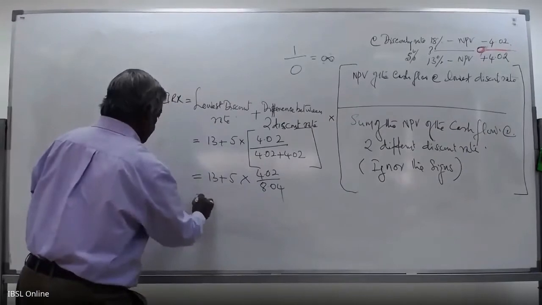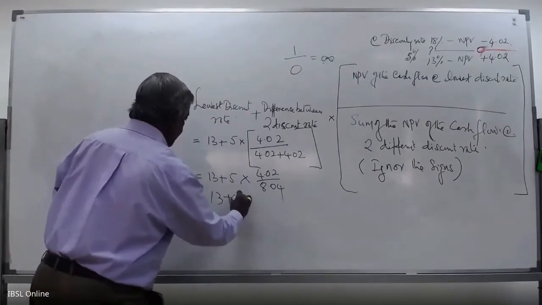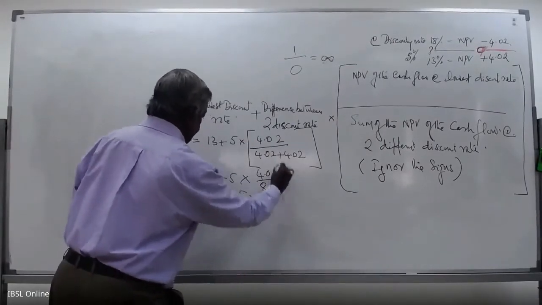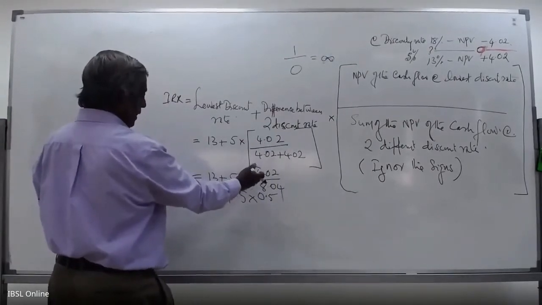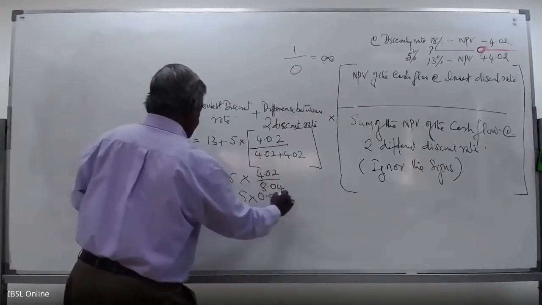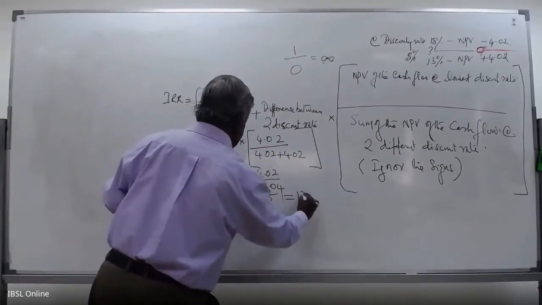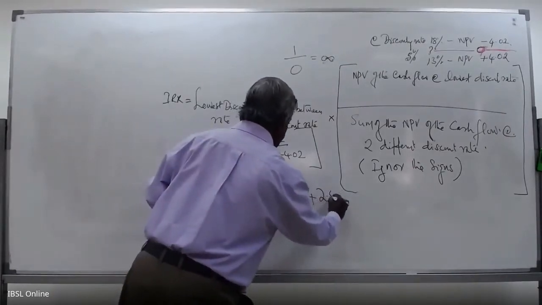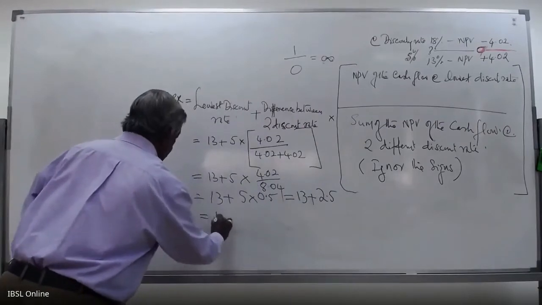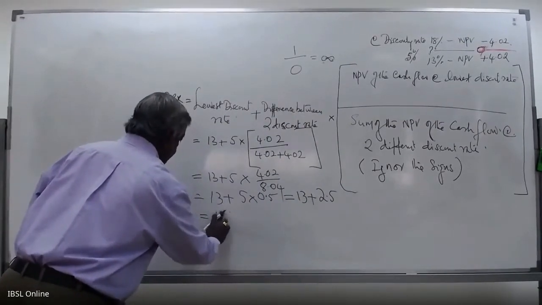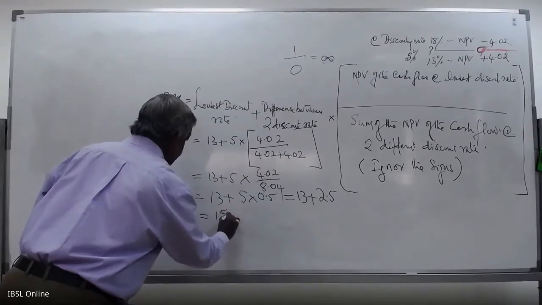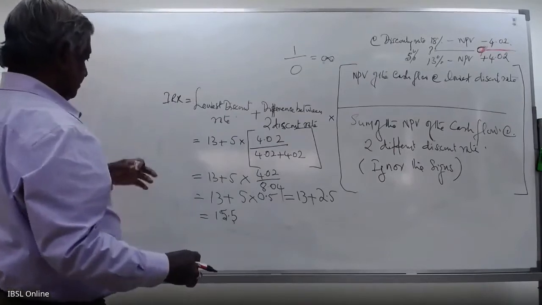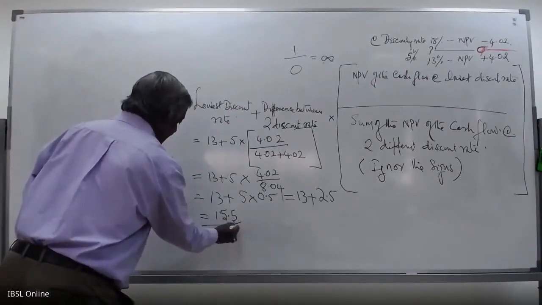This is equal to 13 plus 5 into 0.5, since 4.02 divided by 8.04 is 0.5. So 13 plus 5 into 0.5, that is 2.5, which is equal to 15.5. Yes, 15.5. That is the IRR.